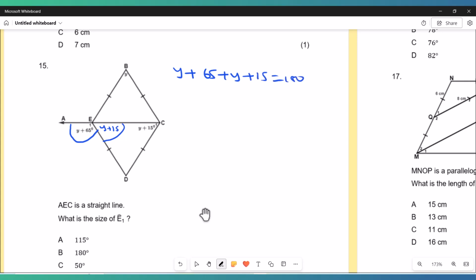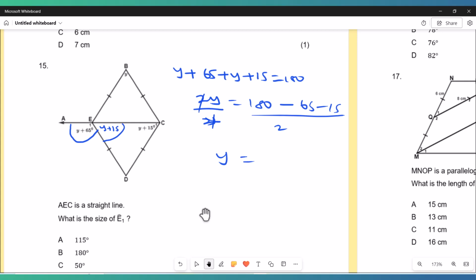So my 2y equals 180 minus 65 minus 15, and if I divide by 2, I can get my y. On the calculator, that is 180 minus 65 minus 15 divided by 2, which gives me 50.